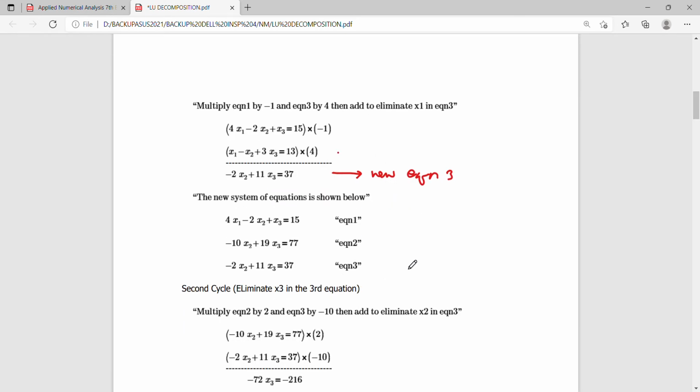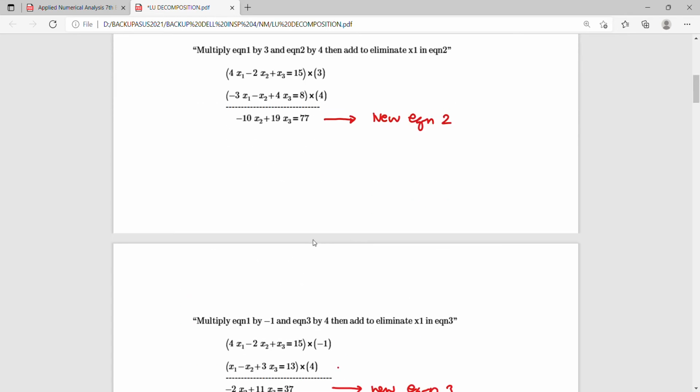So since we still need to reduce one term to 0 here in the third equation, we need a second cycle in order to eliminate x2. So it's a correction, in order to eliminate x2 in the third equation.